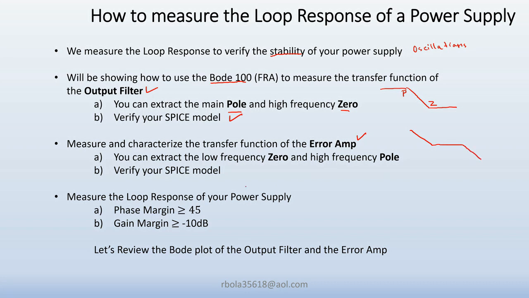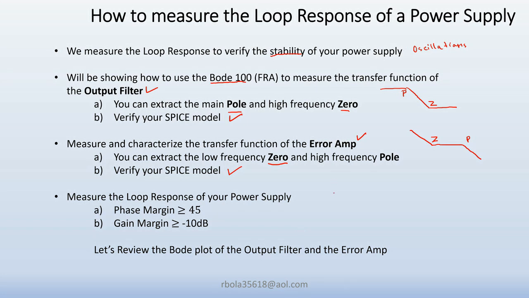By measuring, at low frequency you're going to get a zero, and then at a higher frequency where it starts breaking down, that's your pole. So by measuring it with the Bode 100, we were able to see these two transfer functions. Once you have a measurement, you can compare it with your spice model and verify that your spice model is working correctly.